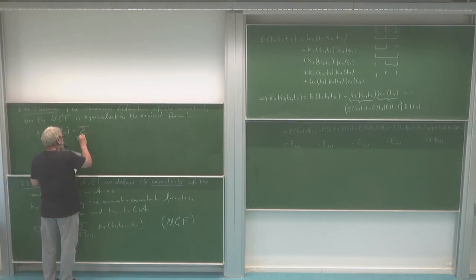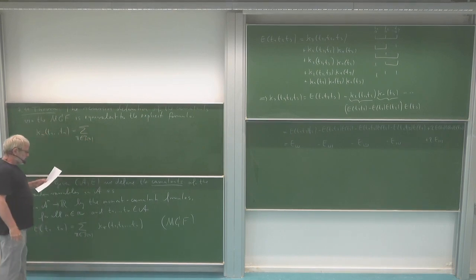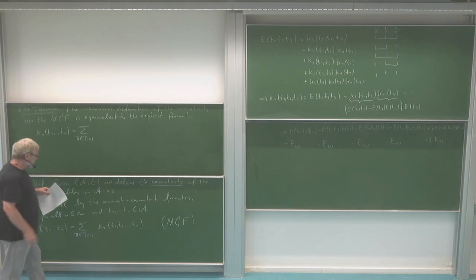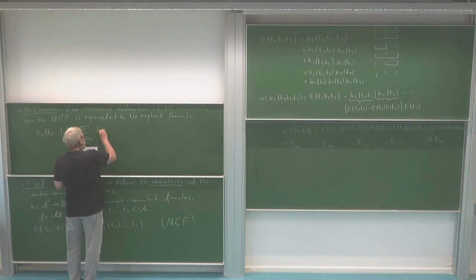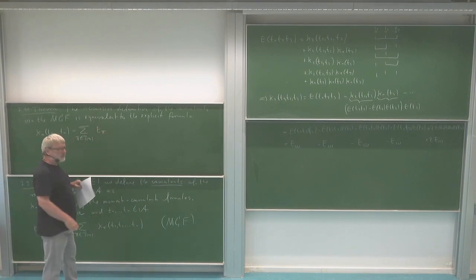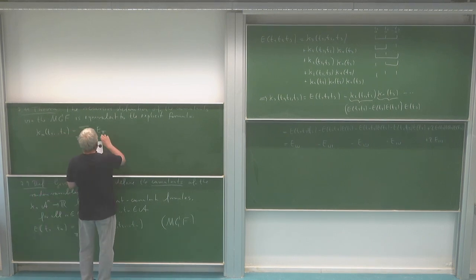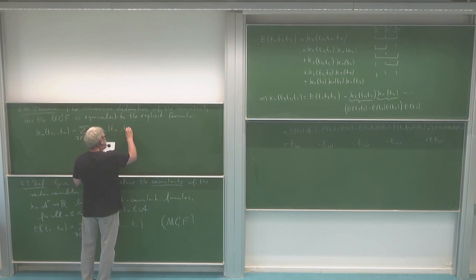I have to sum over all partitions of n elements, and then each of them gives me this multiplicative form of the moment. So it's just the product of moments according to the blocks of pi. So it's e pi of all the variables which I have, t1 up to tn.